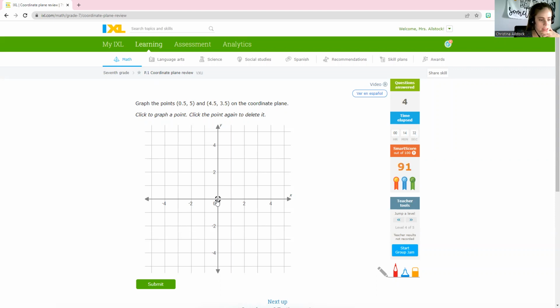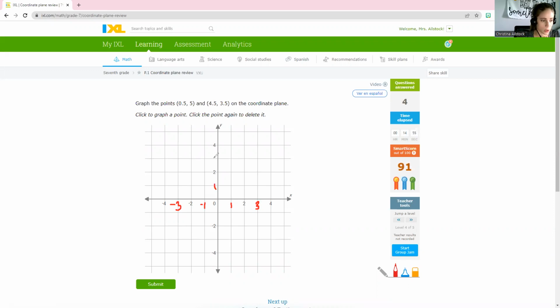So when I look at how this is labeled, it goes from 2 to 4, but skips a line, meaning if I want to add some labels in here, this is the number 1, this is the number 3, this would be -1, this would be -3. If that's something you guys need to do, you have the pen tool on IXL. You can do that.